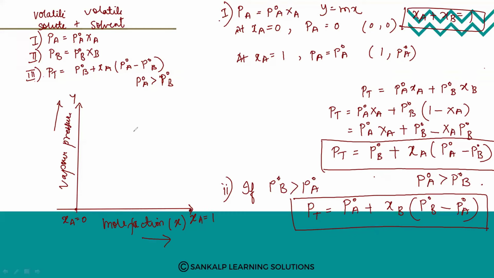Now, what is happening at chi of A equals 0?